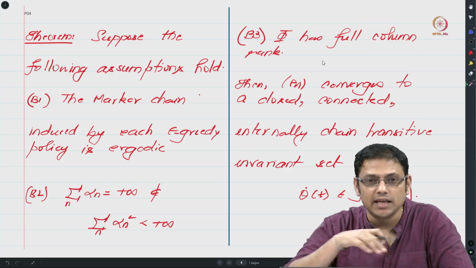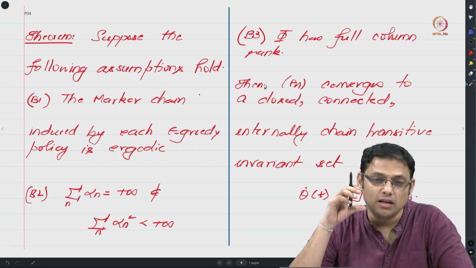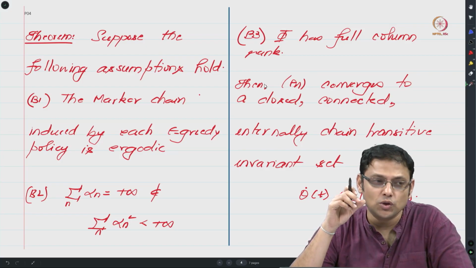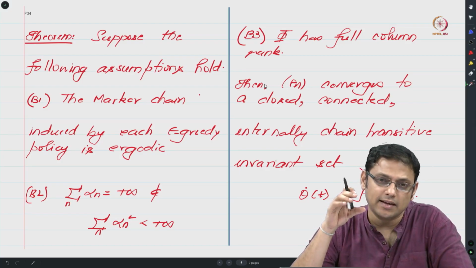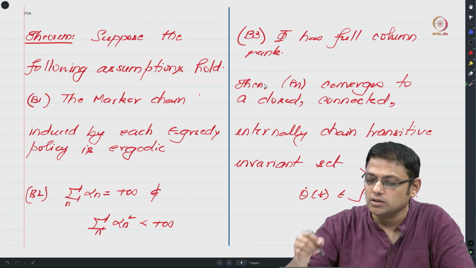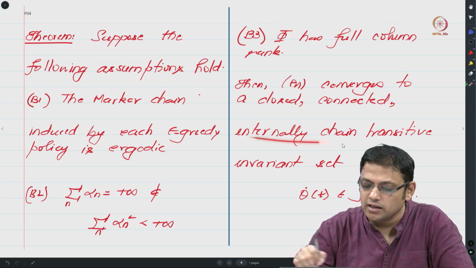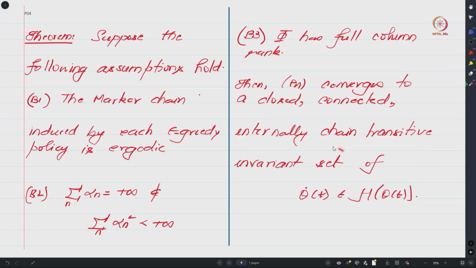If you make these three assumptions, then our result says that the iterates theta n generated by your Q learning with linear function approximation and epsilon greedy exploration converge to a closed, connected, internally chain transitive invariant set of this differential inclusion, theta dot of t belongs to capital H theta of t.